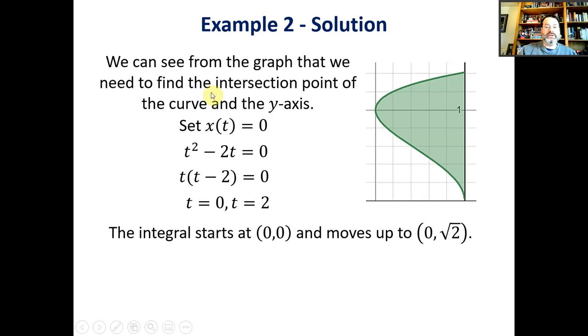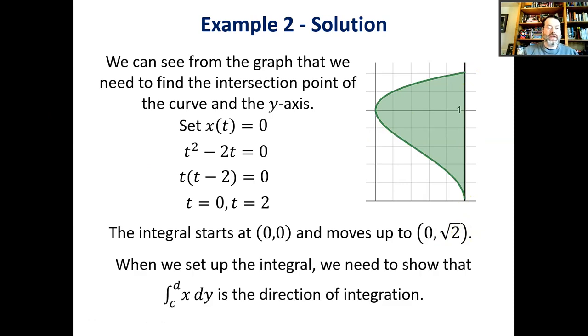But what I want you to notice is that as the integral would be done, we'd start at the bottom and go up. And remember, the y-coordinate's given by square root of t. So this is radical 2 right here. 0 to radical 2. But because it moves up, that is an x dy integral. So it's not side to side, it's up and down.